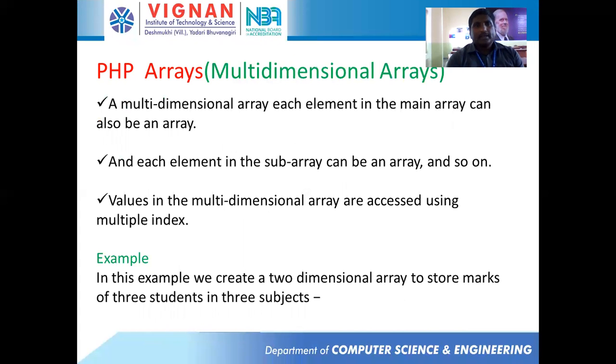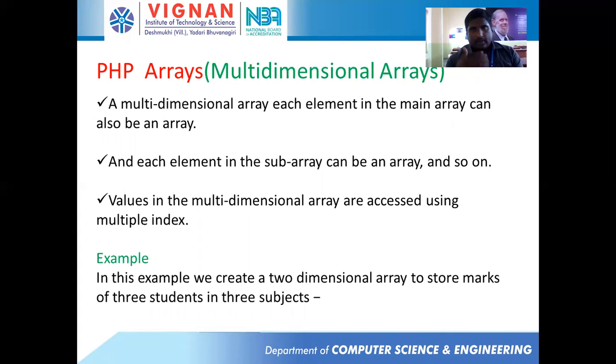Next, multi-dimensional arrays. In a multi-dimensional array, each element in the main array can also be an array. We already know multi-dimensional arrays from C++, and we create them in the same way here in PHP. Each element in the sub-array can be an array and so on.